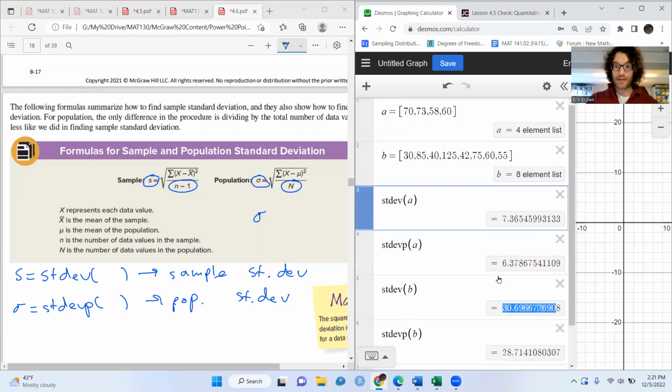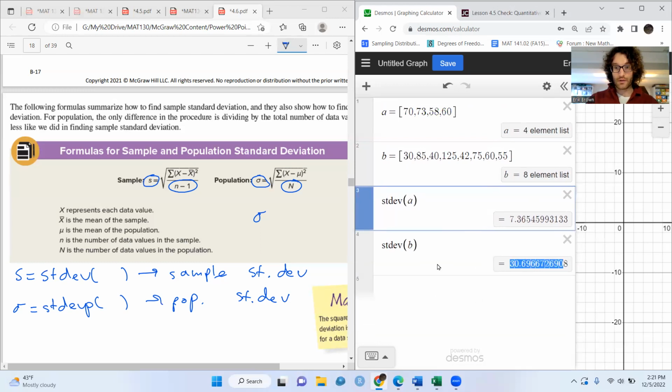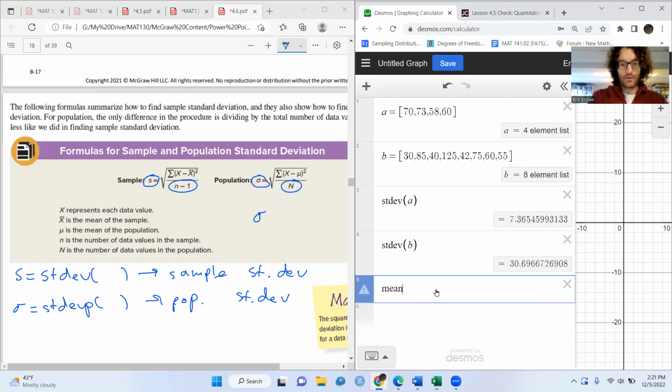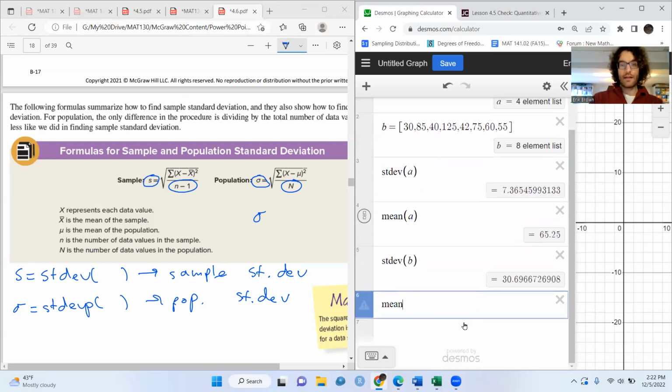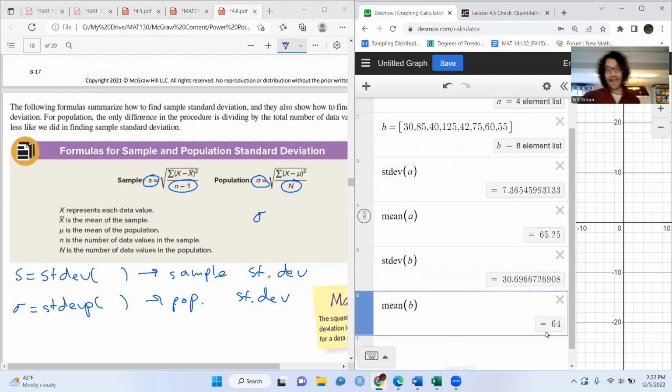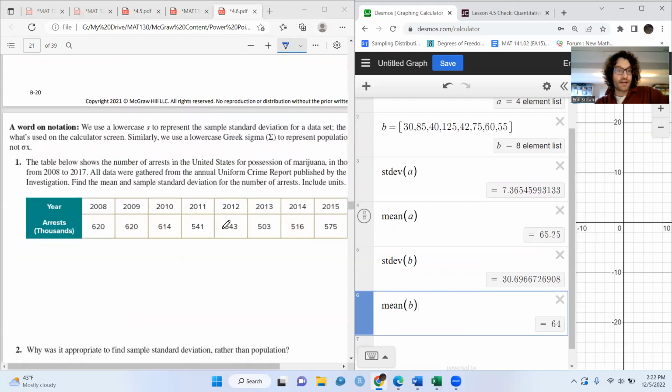Now, if we compare that to their means, here, let me get rid of the population ones. You can see that relative to the mean, group A has a relatively small standard deviation, and group B is like half of the standard deviation. Which leads us to the best measurement of spread, and that's called the coefficient of variation.